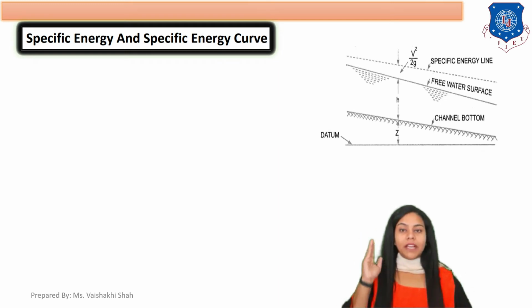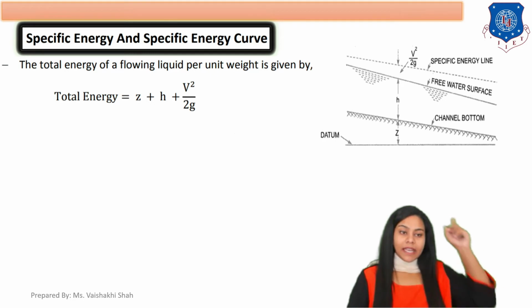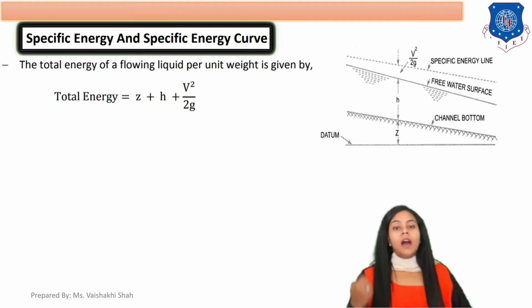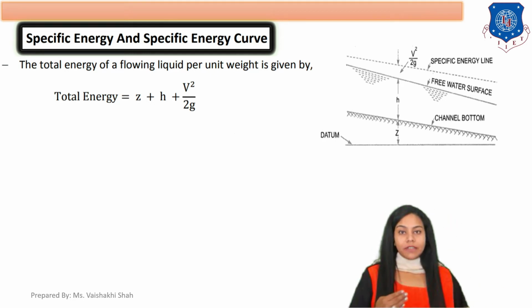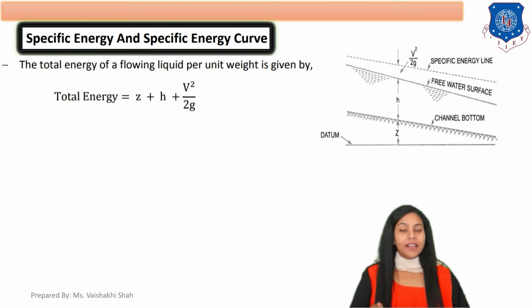V square by 2g. So you can say that the total energy of flowing liquid in the channel per unit weight is given by total energy equals Z, which is your datum head, plus H, which is your pressure head, plus V square by 2g, that is your velocity head.